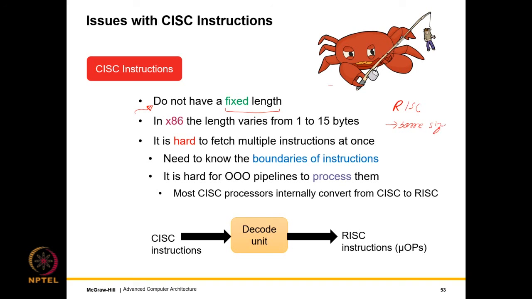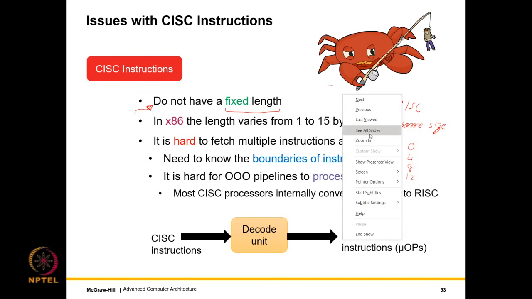And we also have a strict alignment in the sense, if instructions are 4 bytes long, then they start at memory addresses that are multiple of 4 bytes, like 0 bytes, 4, 8, 12, and so on. So you clearly know where an instruction starts and how long it is. So this is why RISC instruction sets, processing them is much easier, and their decode units are also way simpler.